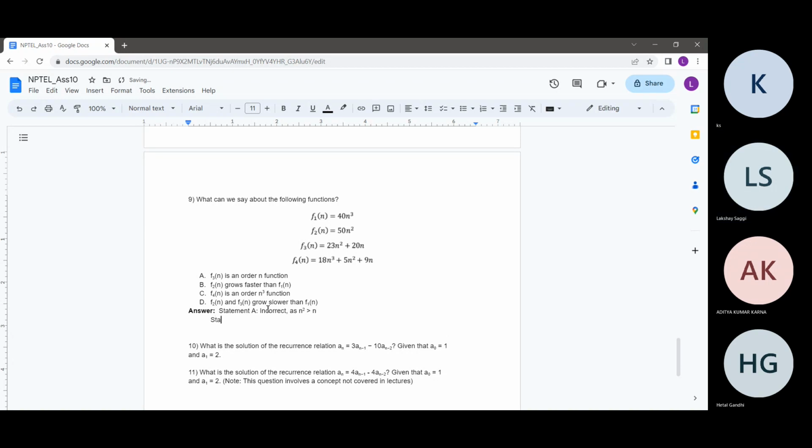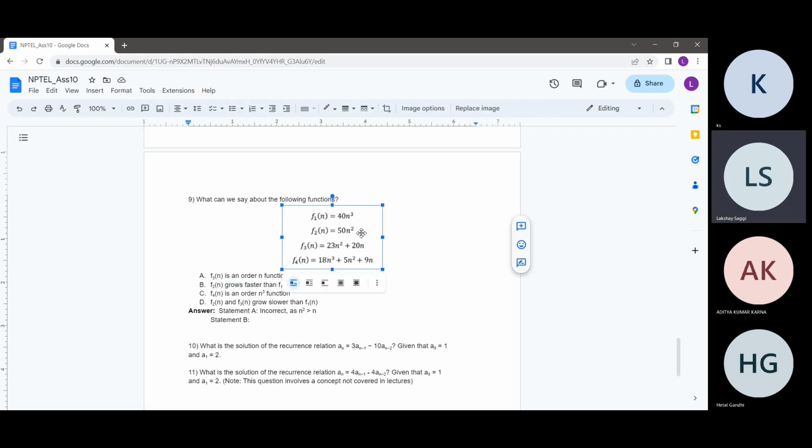So let's come to statement B. Statement B says f2(n) grows faster than f1(n). So f2(n) is 50n square and f1(n) is 40n cube. Ignoring the constants, this is just n square and this is n cube.